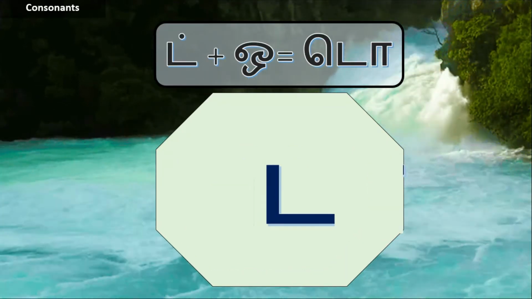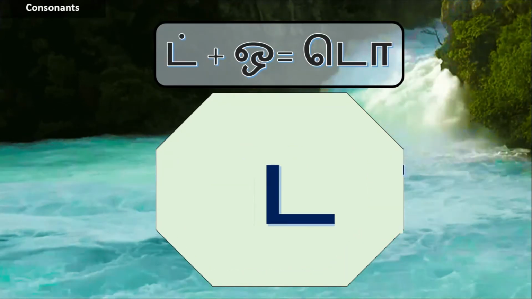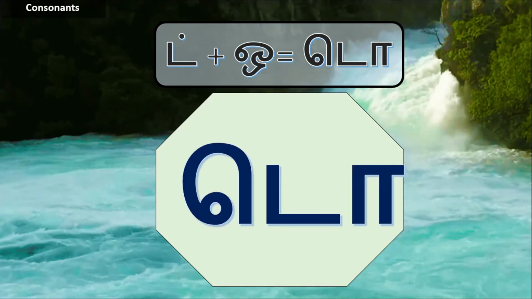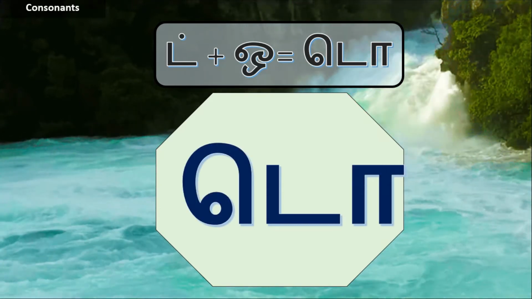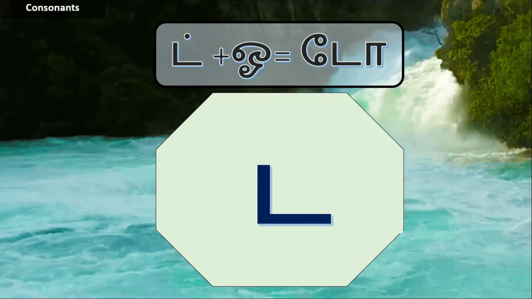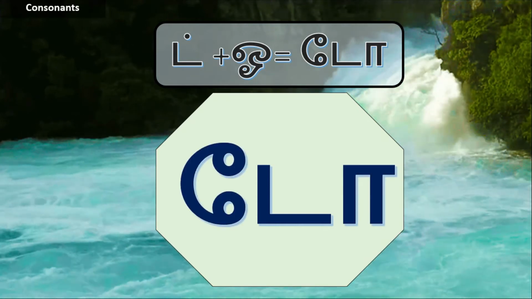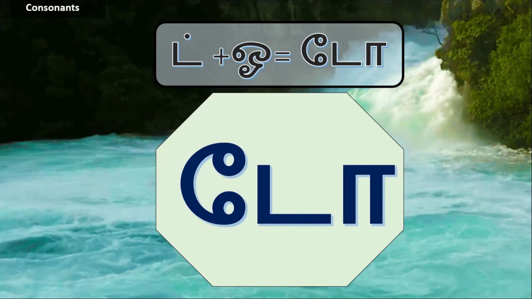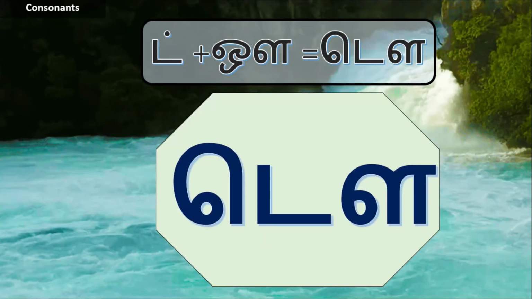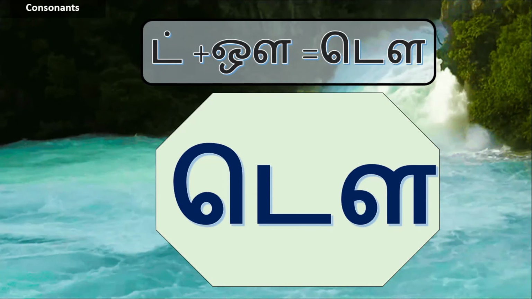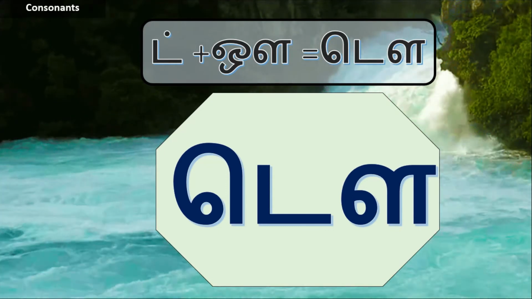For to, ta is prefixed with ஒற்றை கொம்பு and suffixed with துணைக்கால். For to, we have ta prefixed with இரட்டை கொம்பு and suffixed with துணைக்கால். For tau, ta is prefixed with ஒற்றை கொம்பு and suffixed with the la letter.